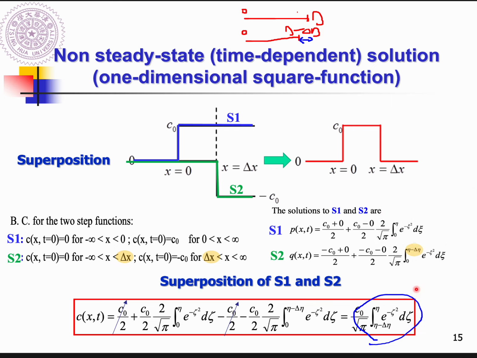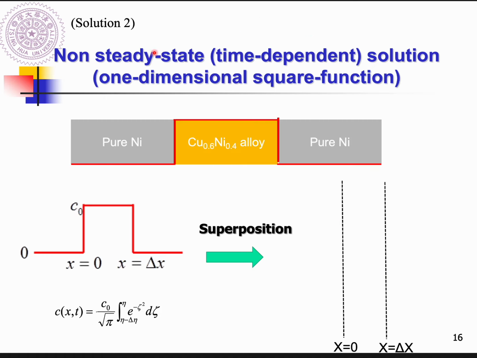Okay, so you can use these two curves to get the solutions, but we also provide another method, which we call a superposition method. Some people will probably question why we can superpose these two step functions.